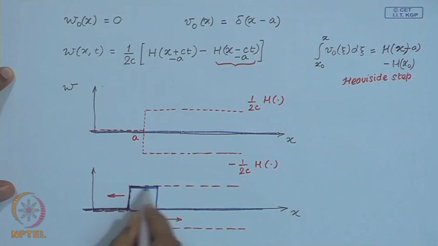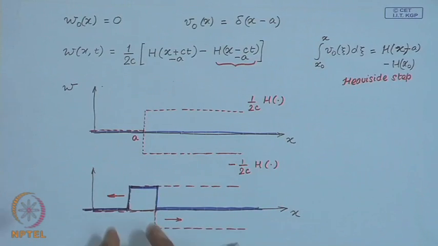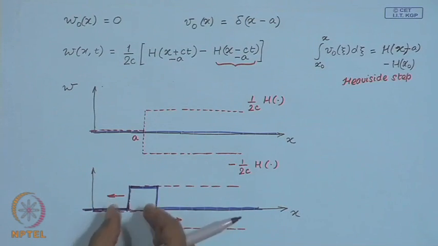So, what we have is a rectangular pulse spreading like this.